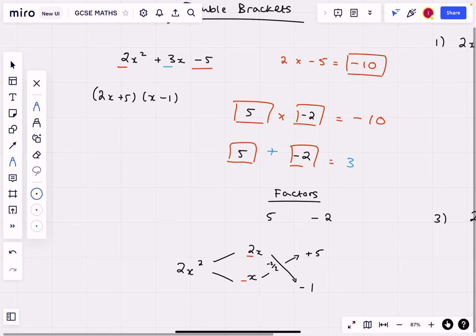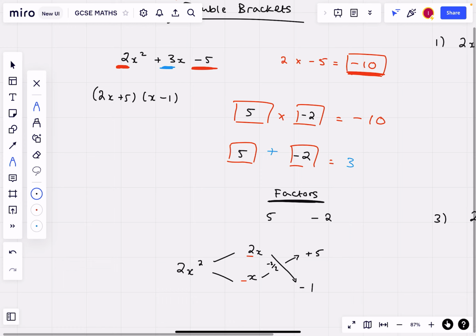Did that make sense? So let me run through it one more time. We take our first number, 2. We take our last number, minus 5. We multiply to give minus 10. Now we think of two numbers that multiply to give minus 10, but add to give our middle number, 3. And we worked out the two factors being 5 and minus 2.